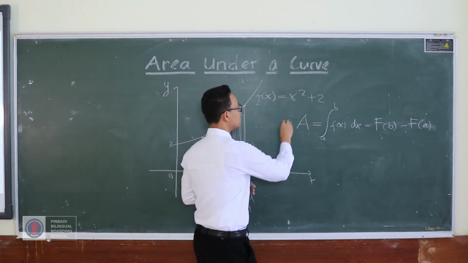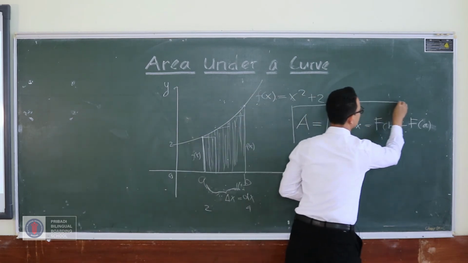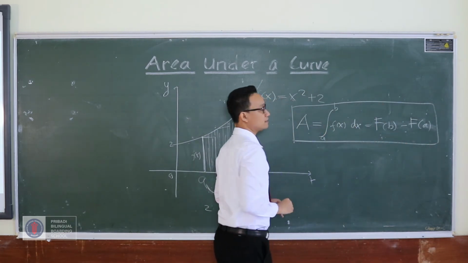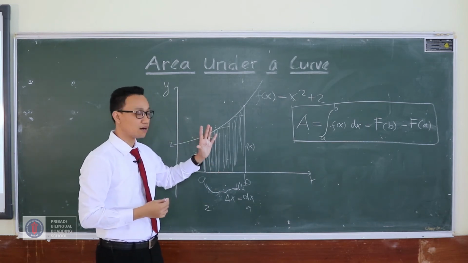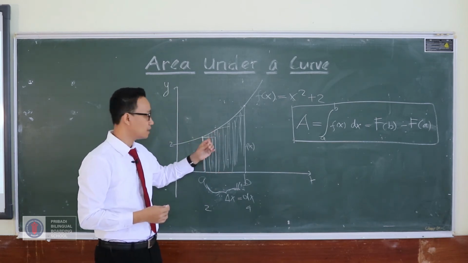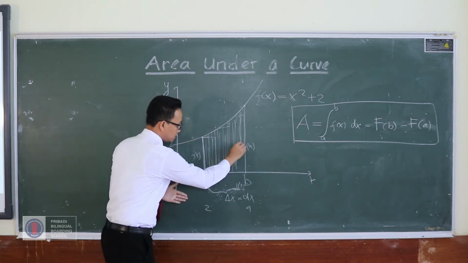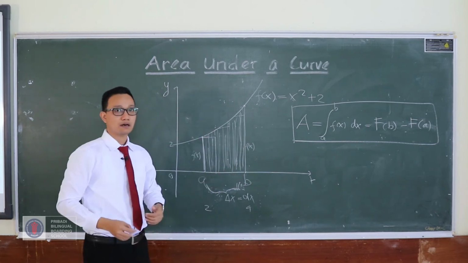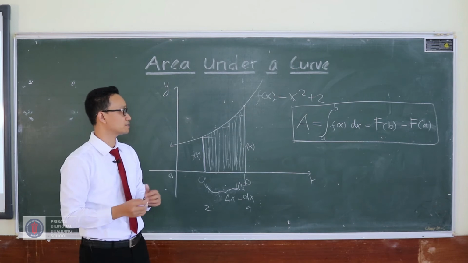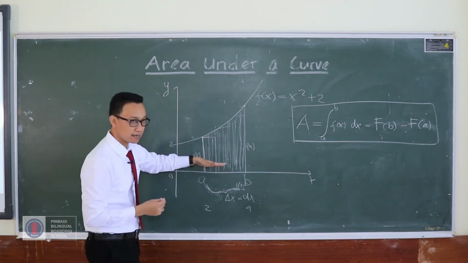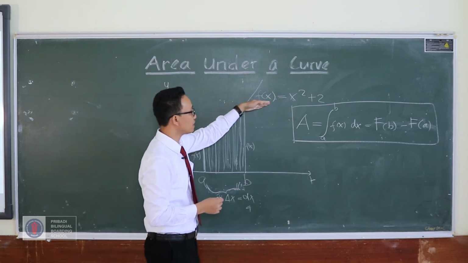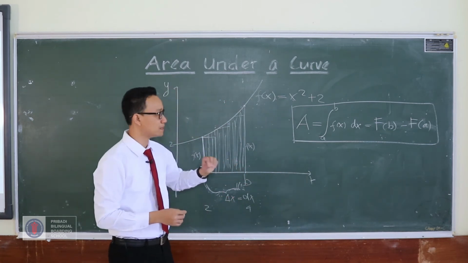Okay, now we got this formula of area under the curve, from the fundamental theorem of calculus. Okay, and then let's find this area. We have this function already, x squared plus 2.